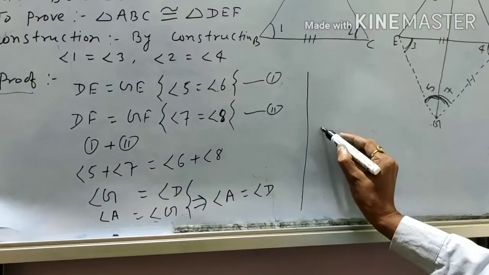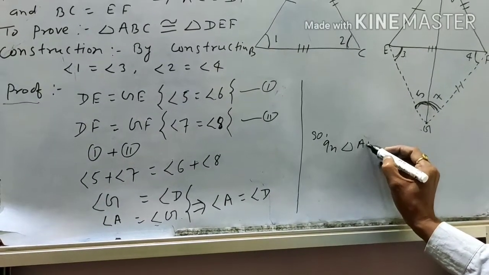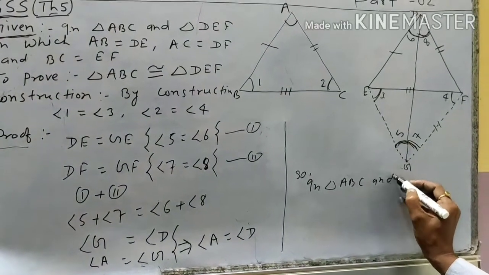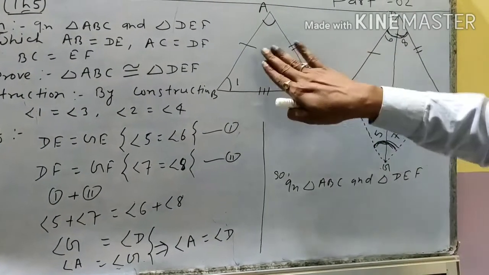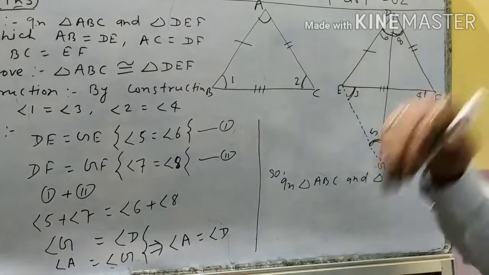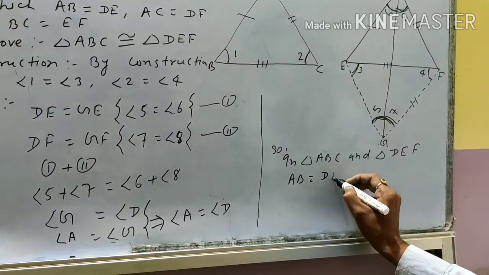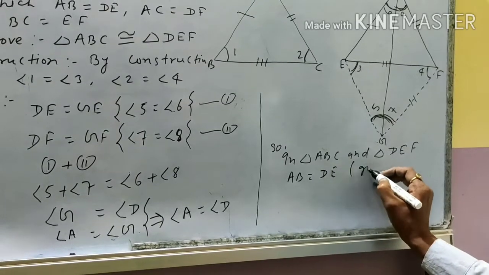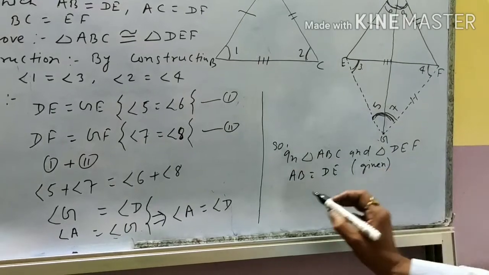So in triangle ABC and triangle DEF, AB is equal to DE. This information is given. AB is equal to DE, given information.